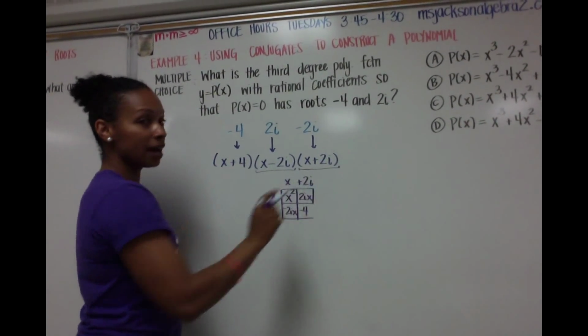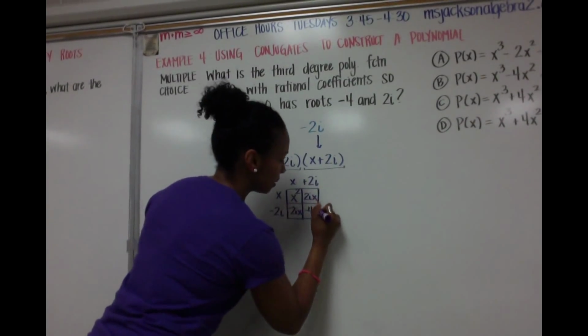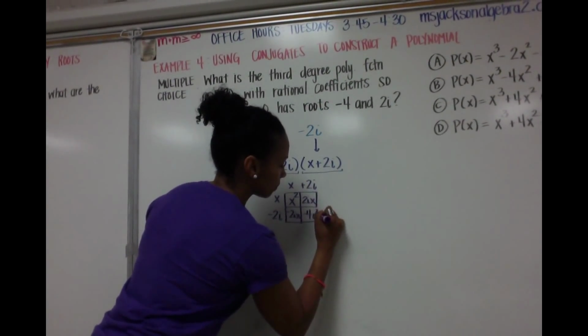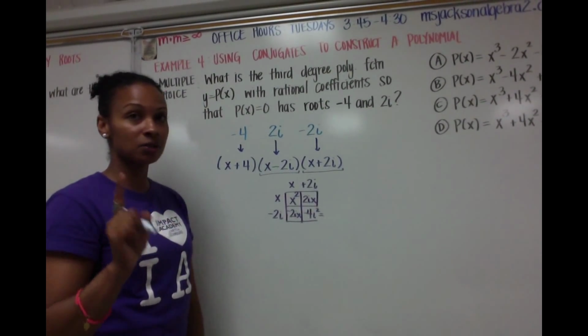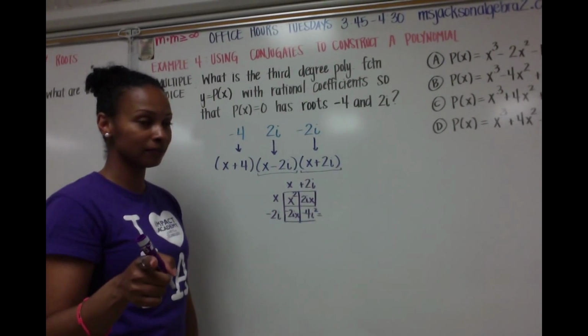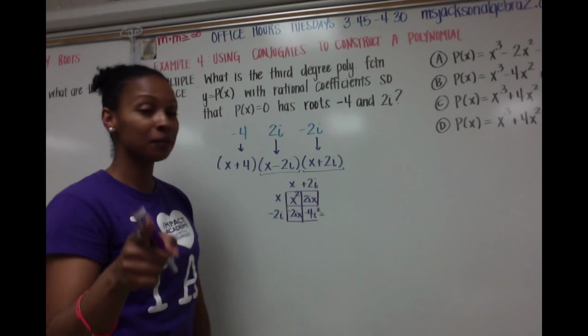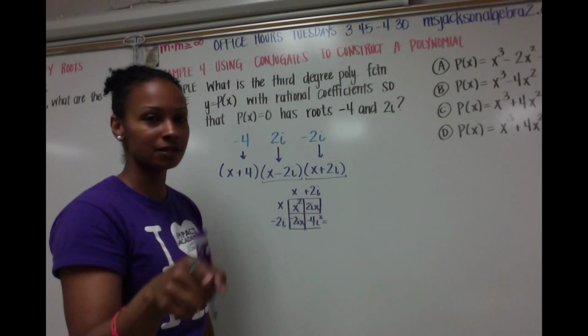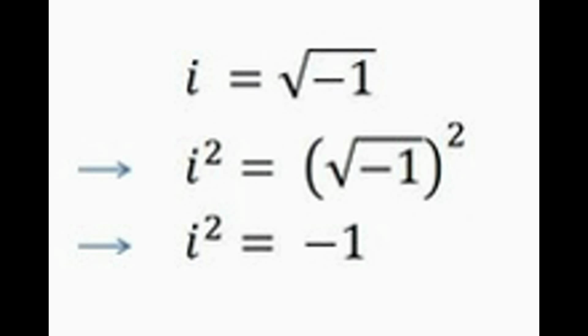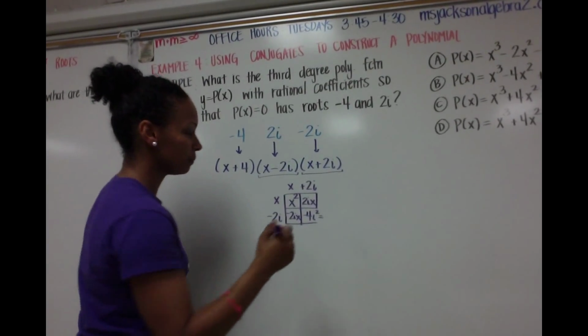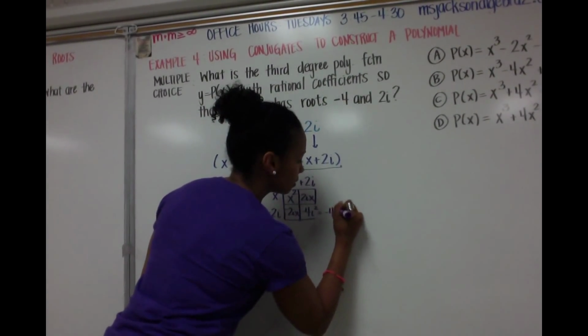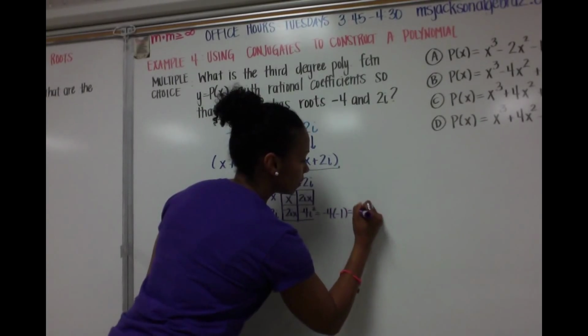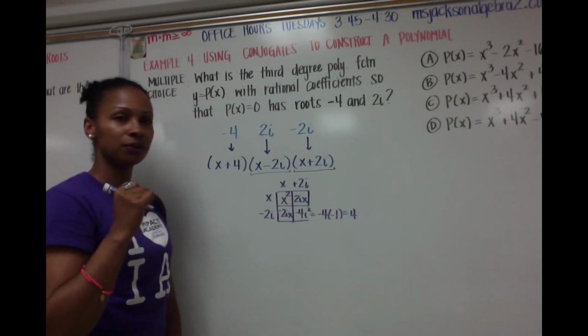I times i is i squared. Remember, i squared is -1. So -4 times -1 will get us a +4.